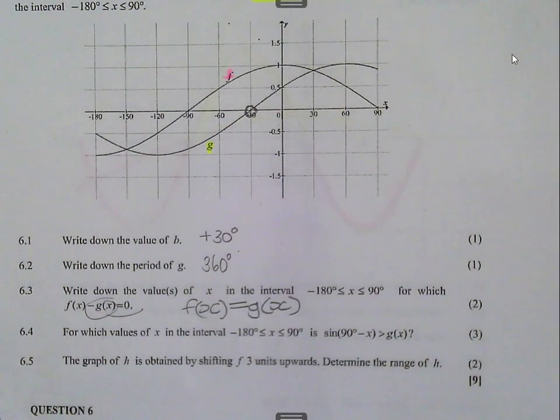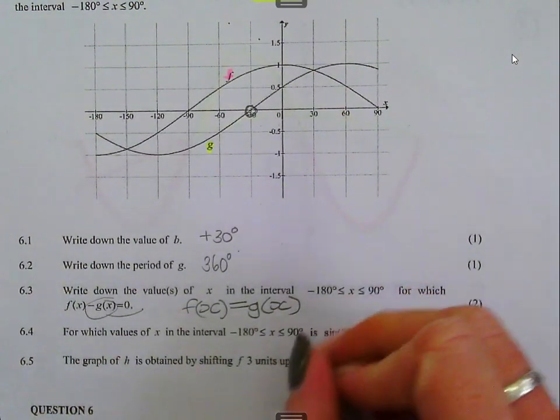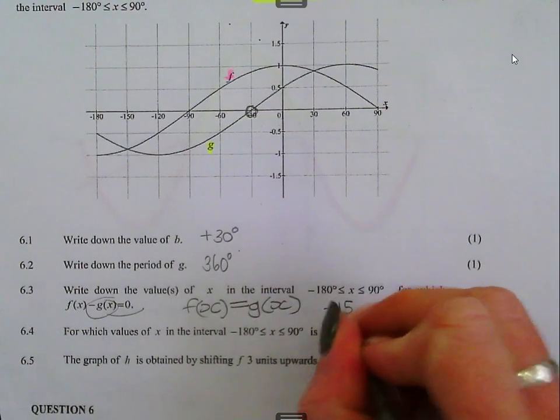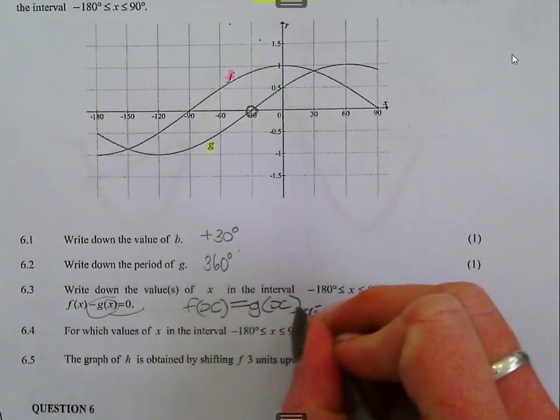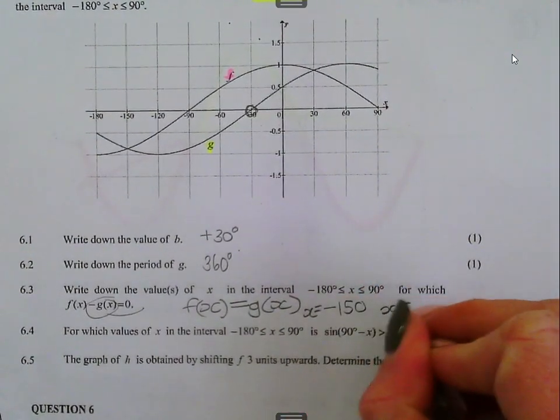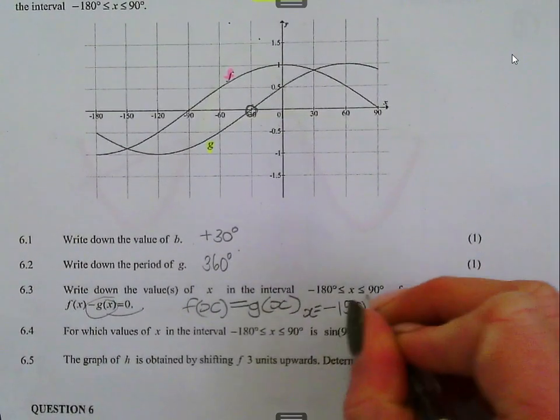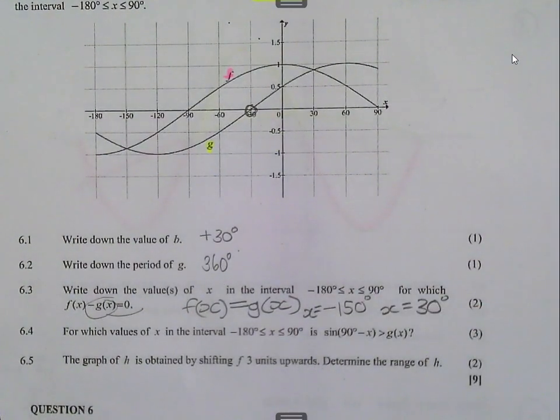Where are they equal to each other on the graph? Negative 150 and x equal to 30. Easy, ne? So it's just difficult sometimes to know what they're asking. But when we know what they're asking, then what they're asking is pretty easy.